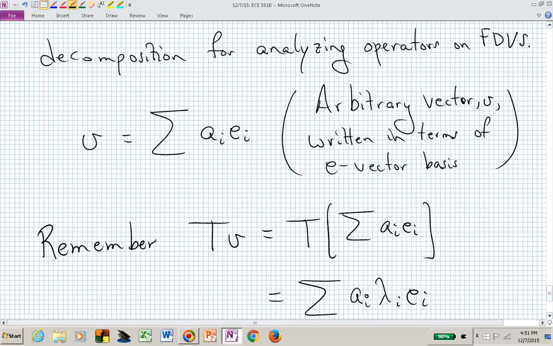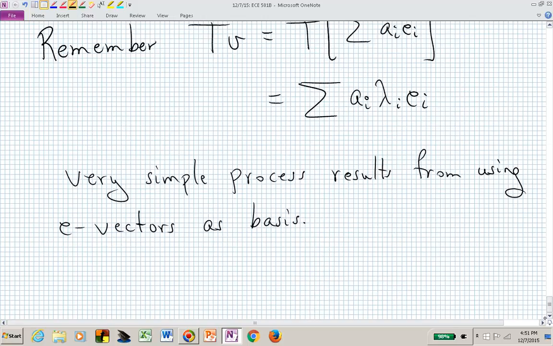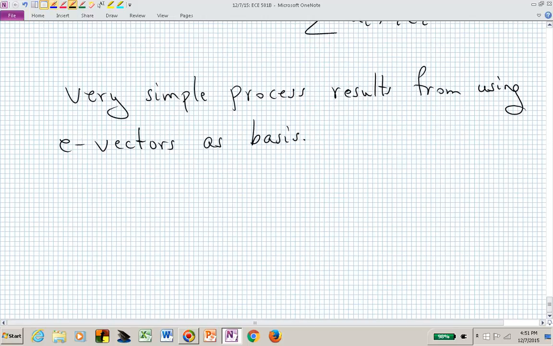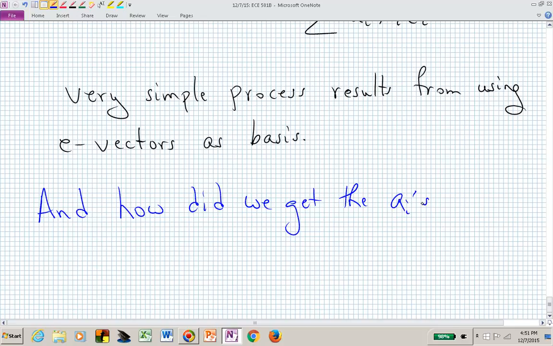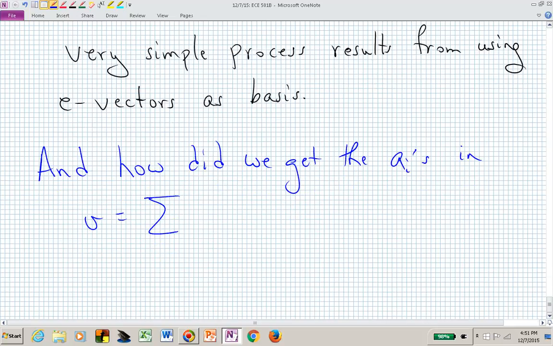Meaning, now let me ask, which I already have, so let me just write it down. And how did we get the a sub i's in this decomposition of v in terms of these orthonormal vectors?